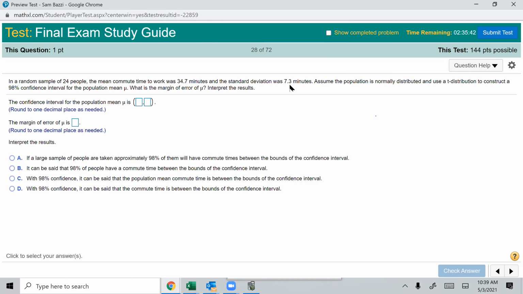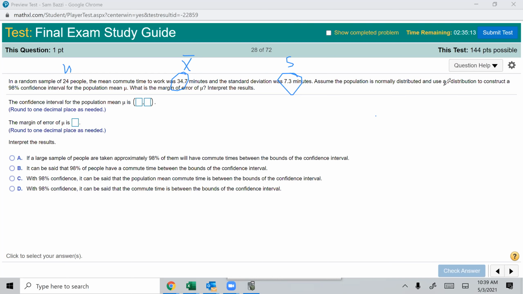He didn't say population standard deviation, so that's s, guys. That's what you need now to distinguish. So this is me, x bar. And he says, in a random sample of 24, from the sample of 24, the mean was 34.7, and the standard deviation, he's still referring to the sample s. Assume that the population is normally distributed and use a T distribution.